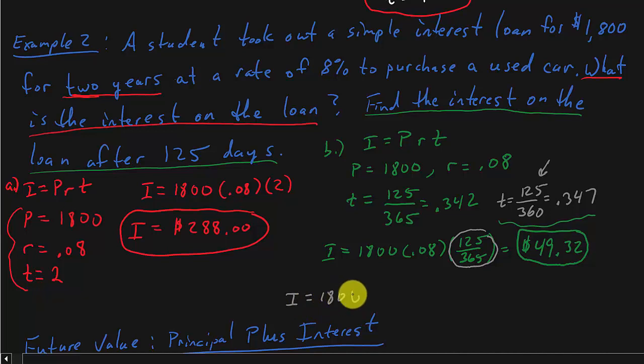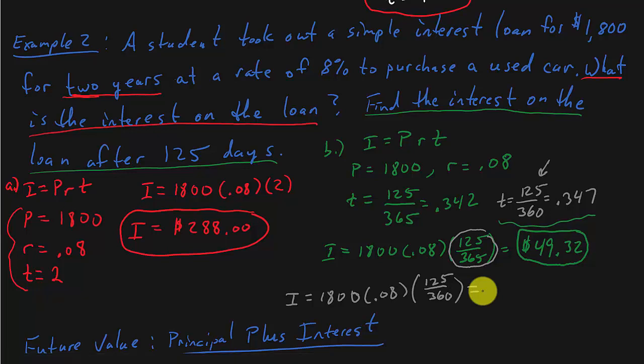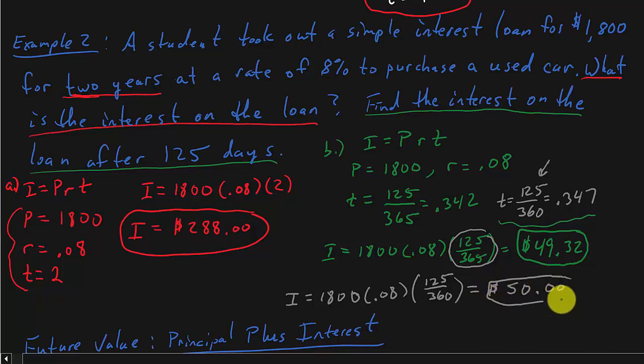So that's 1,800 times 0.08 times 125 over 360. I mean, it's not going to make a whole lot of difference here because the numbers are kind of small, but it'll make a little bit of difference. And that comes out to exactly $50. So like I said, it's not a whole lot more, but that's the idea behind it.